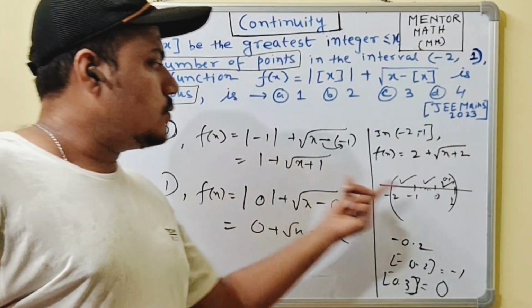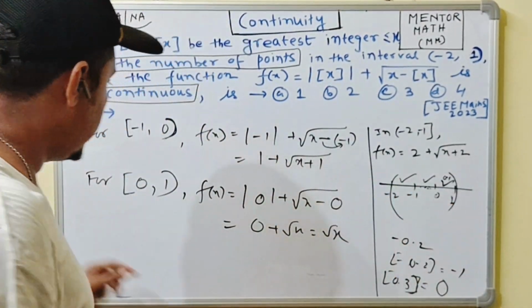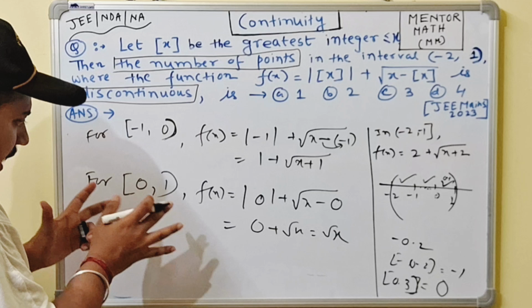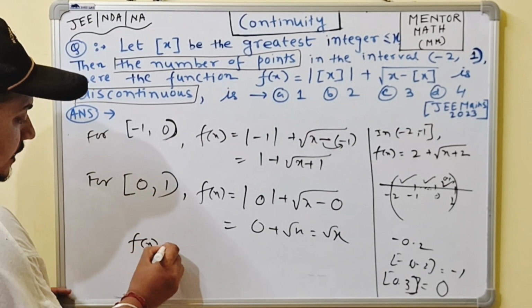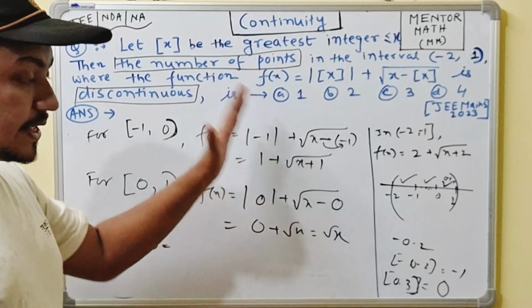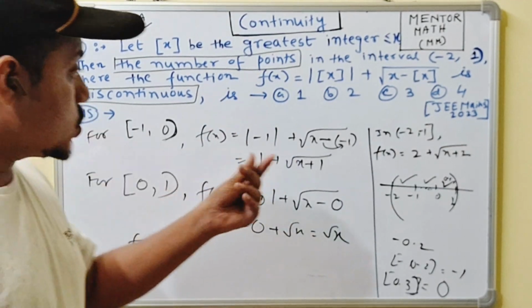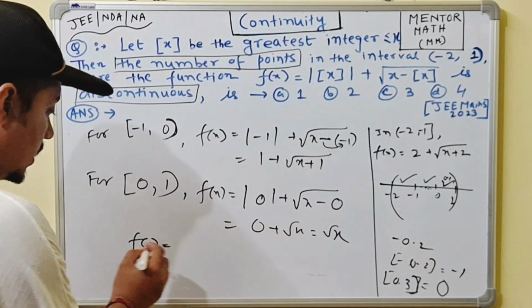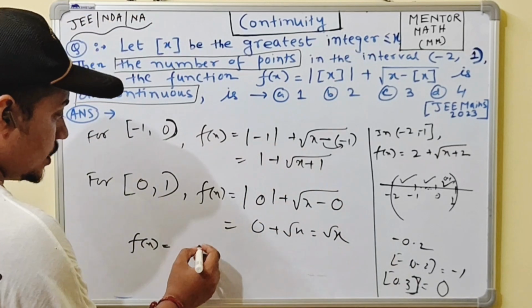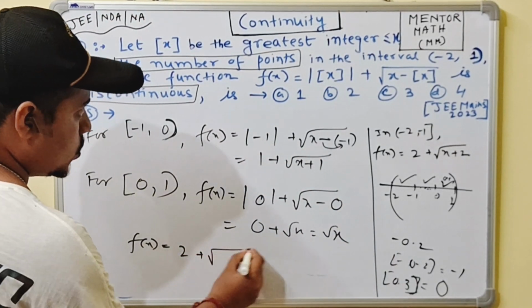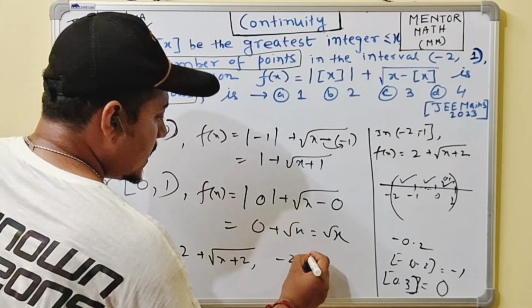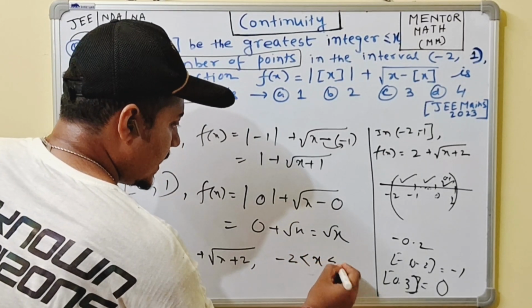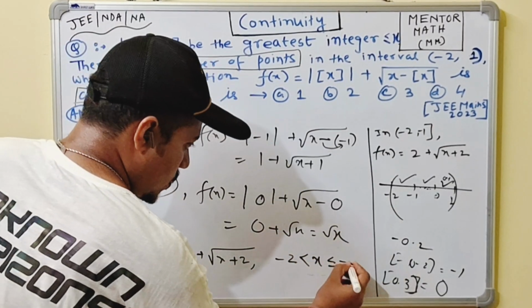So in these three intervals, we can write the arrangement. Okay, so f(x) is equal to, as I already saw on the previous page, whenever minus 2 to minus 1, the function value gives 2 plus root under x plus 2, that means minus 2 less than x less equal to minus 1.